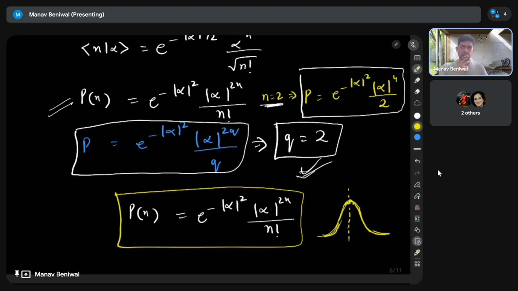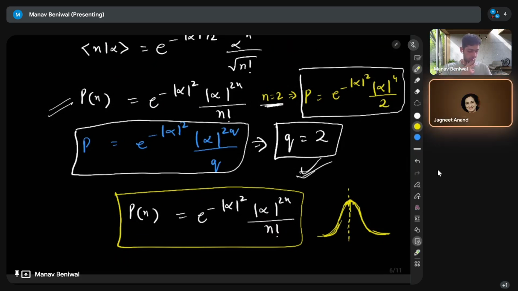And the mean value, where is the center value? It decays on both sides of the center mean value, right?